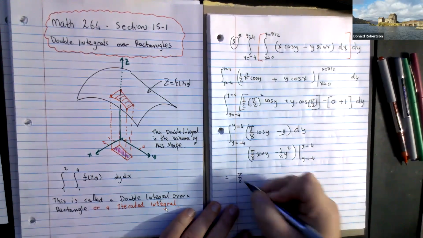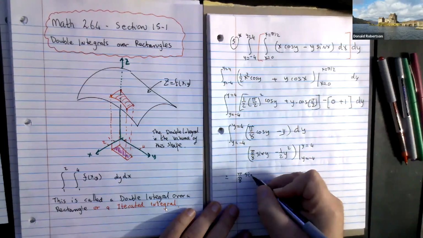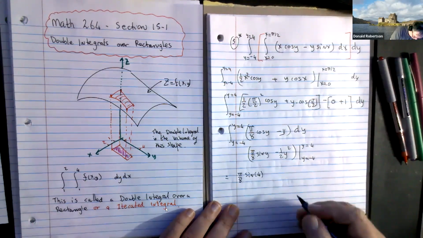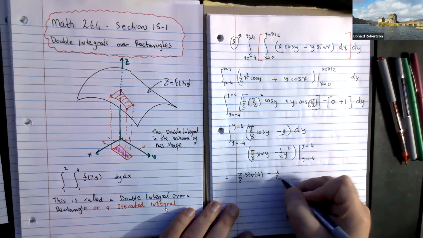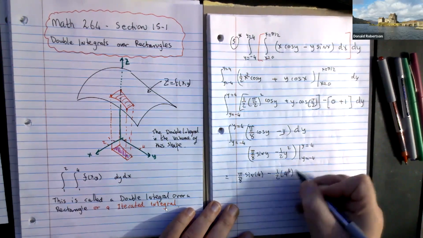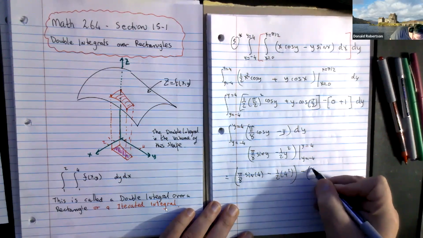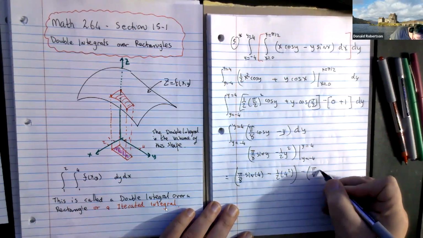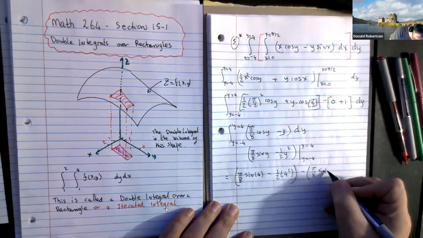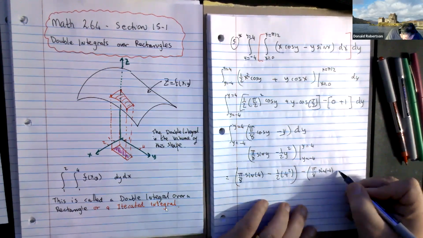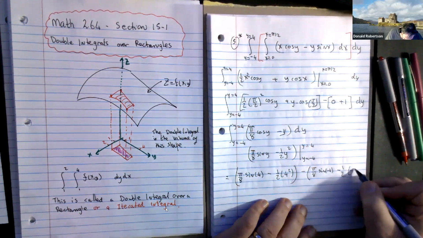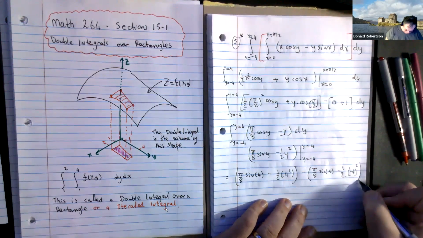It's going to be pi upon 8, the sine of 4, minus 1/2 times 4 squared. Take away pi upon 8, the sine of -4, minus 1/2 -4 squared.